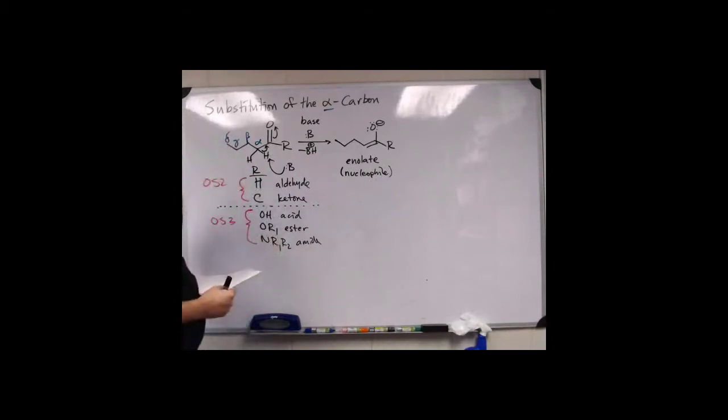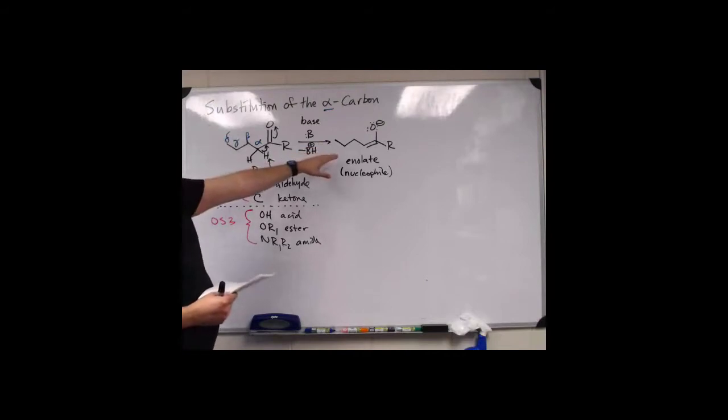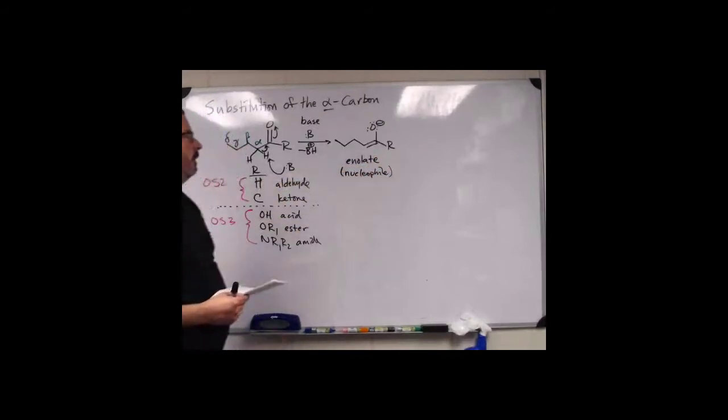So with all of these different functional groups, depending on what base you treat them with, everything's always happening at the alpha carbon. The base will always deprotonate an alpha hydrogen. So that will generate an enolate for all of these things, depending on what R is.